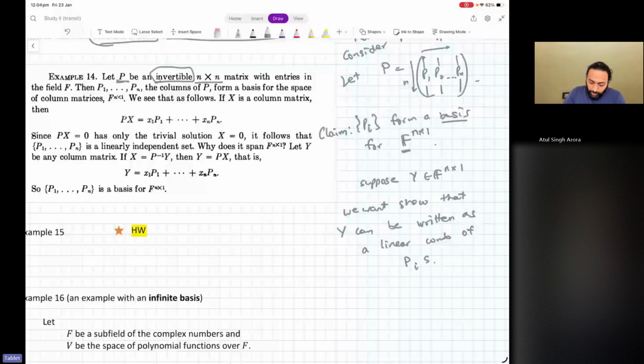So we have to establish two things. We have to establish that these Pi span Y. That is the spanning property.